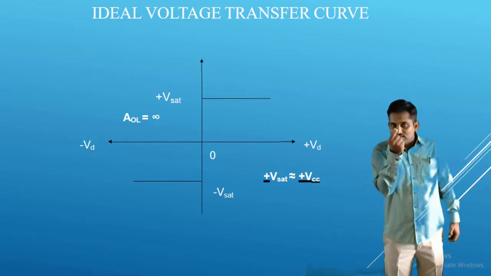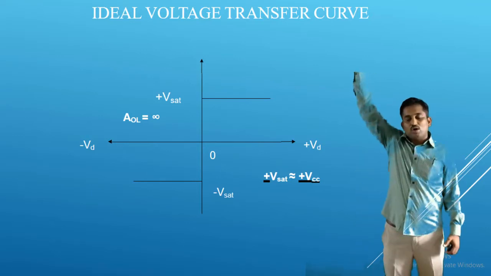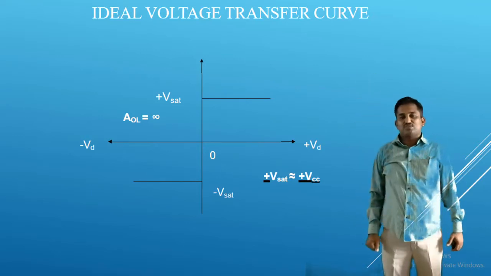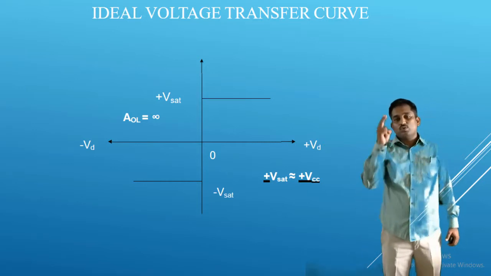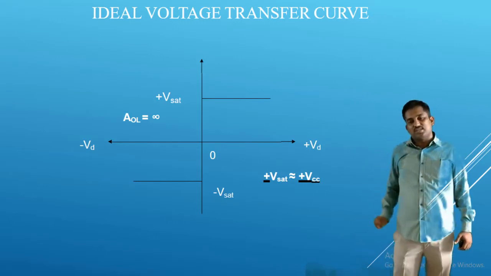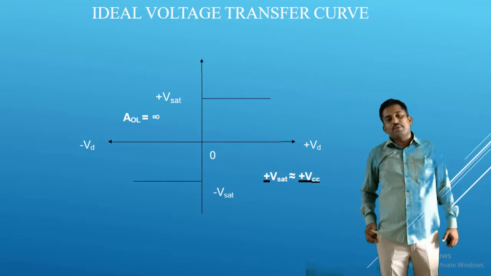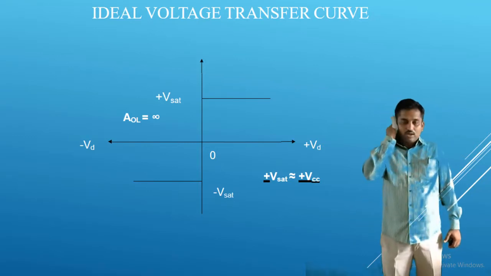So even if there is a small change at the input side, immediately your output voltage goes to the saturation level. Why? Because for an open loop op-amp, we have only two output voltages. One is plus Vsat, another one is minus Vsat. Depending upon the input polarity, your output may be plus Vsat or minus Vsat.